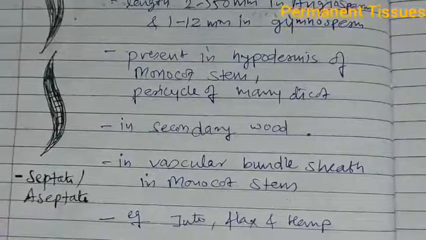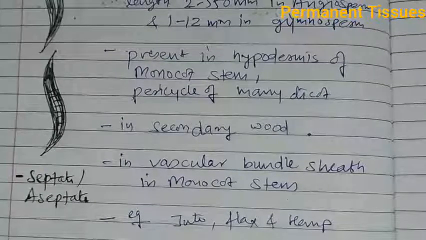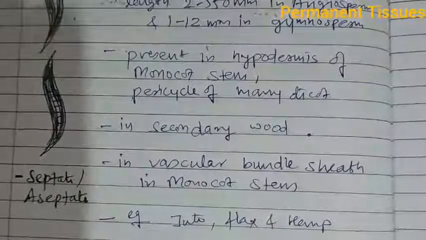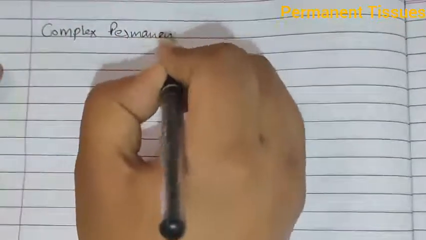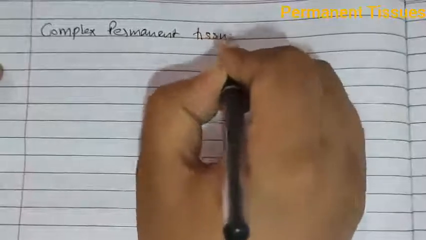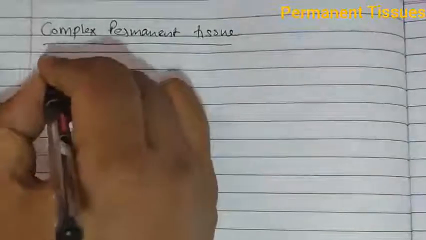So that is what about sclerenchyma fiber and sclerenchyma. So here simple permanent tissue gets complete. Now next we will start with the complex permanent tissue, and in this complex permanent tissue we talk about xylem and phloem.